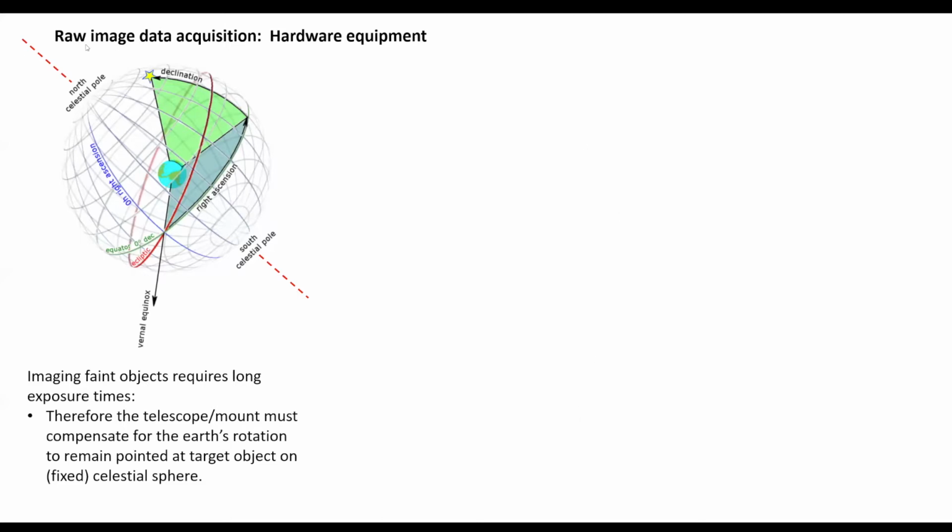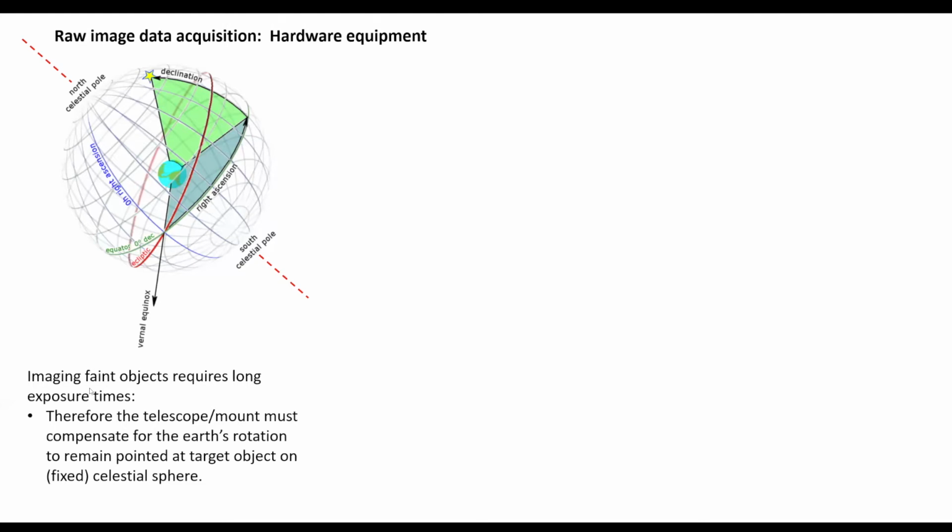Raw image data acquisition, the hardware equipment you need. Most people think that when folks are looking through a telescope, they're looking at tiny objects, but quite often it's not a very small object, but a very faint object.